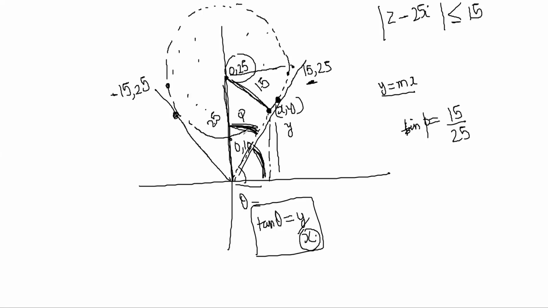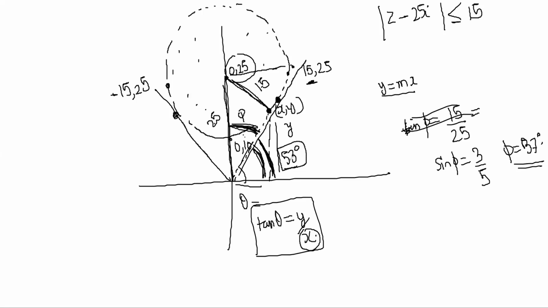So if this angle is known, then 90 minus phi is this angle. Sine phi is 15 by 25, so sine phi is equal to 3 by 5, so phi is basically equal to 37 degrees. So this is 37 degrees, this is 53 degrees. That is the least possible angle. By symmetry, this will also be 53.